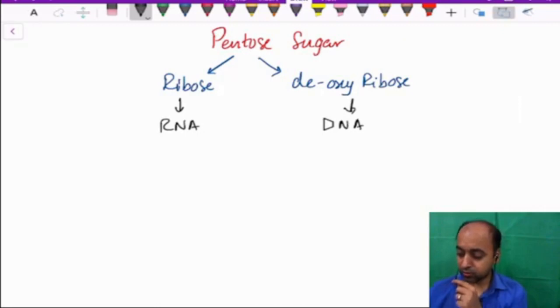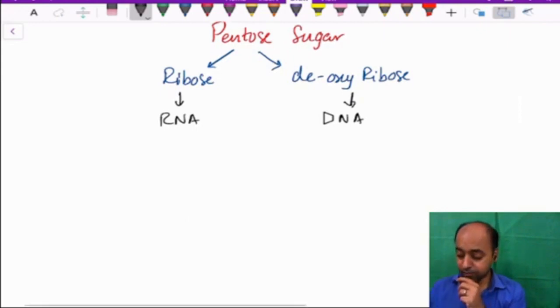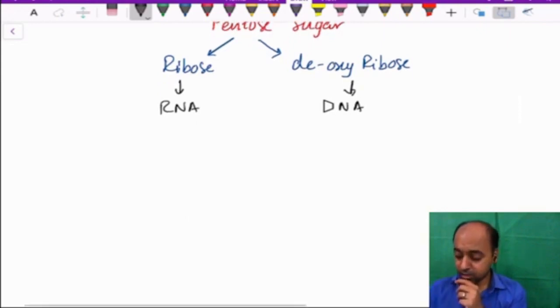So the RNA and the DNA have different types of pentose sugar, the ribose in the RNA and the deoxyribose in the DNA. The name itself should give us a hint, because RNA says ribonucleic acid and DNA says deoxyribonucleic acid. So the difference in the sugar is there. If you look at the structure of the sugar, in this case it is a ring structure.